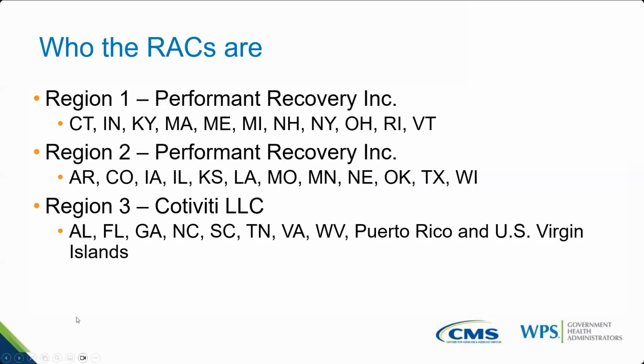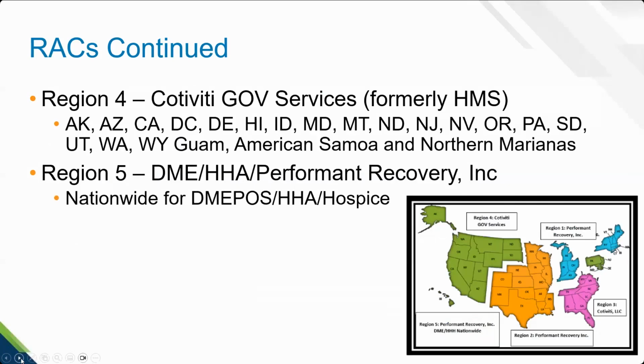J5 is actually part of Region 2, and J8 is part of Region 1, and both then fall under Performant. As we move on, you can see that Region 4 is also Cotiviti, and Region 5, which includes DME and home health and hospice, is covered by Performant. So two different RACs, based on the geographical area. And this map here shows you the breakdown of how they're covered.